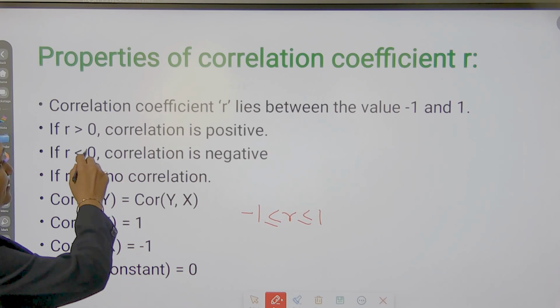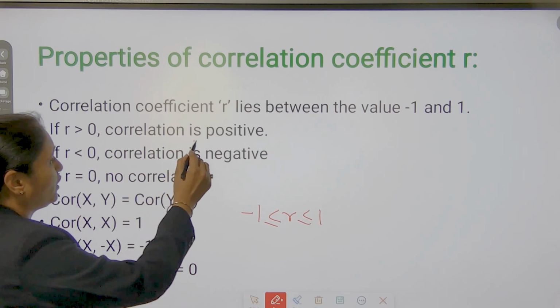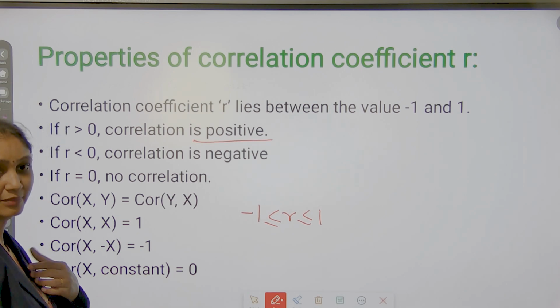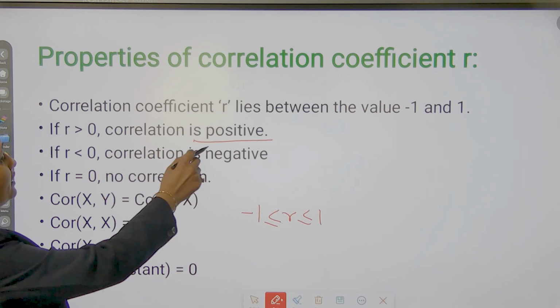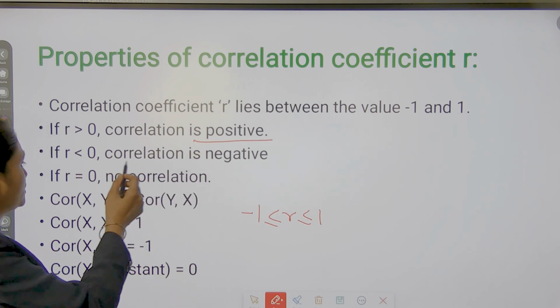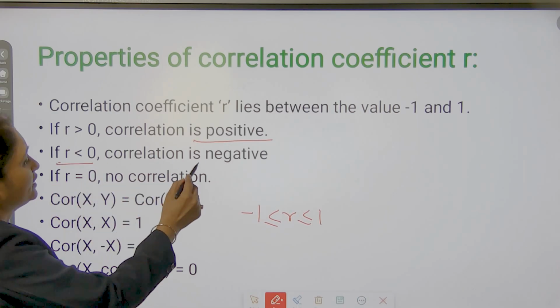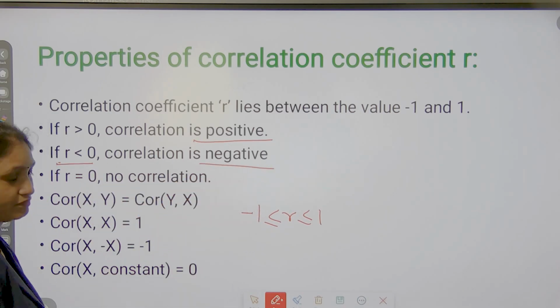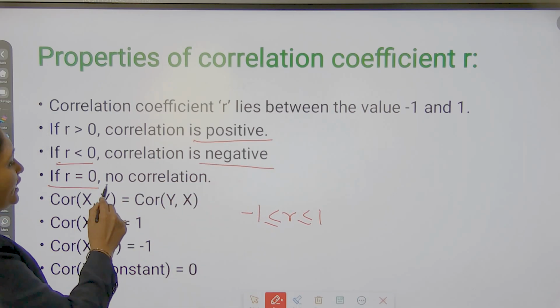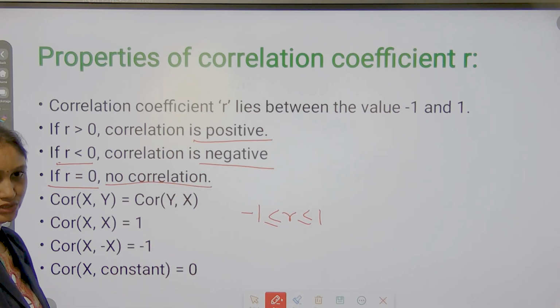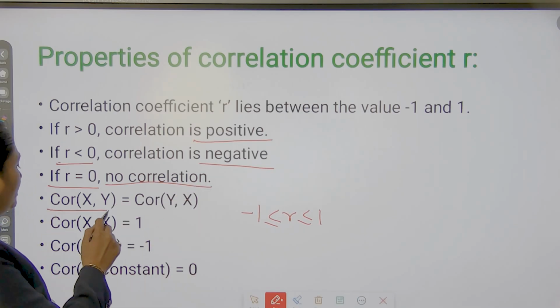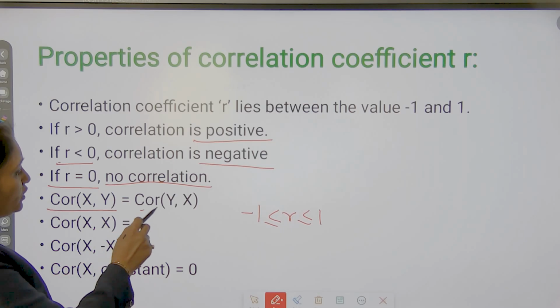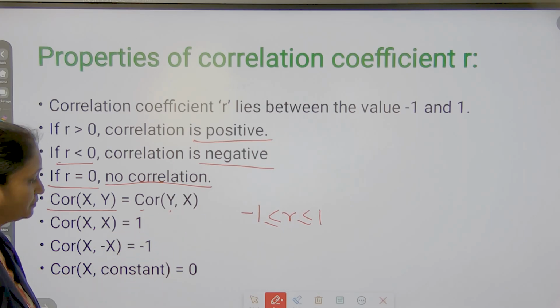If r is greater than 0, the correlation is positive correlation. If r is less than 0, then the correlation is negative. If r is equal to 0, then there is no correlation. Again, correlation of x and y is equal to correlation of y comma x.